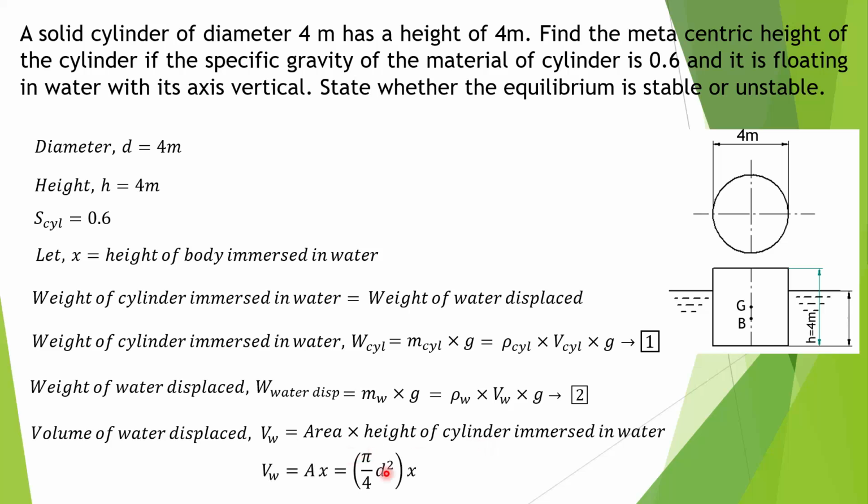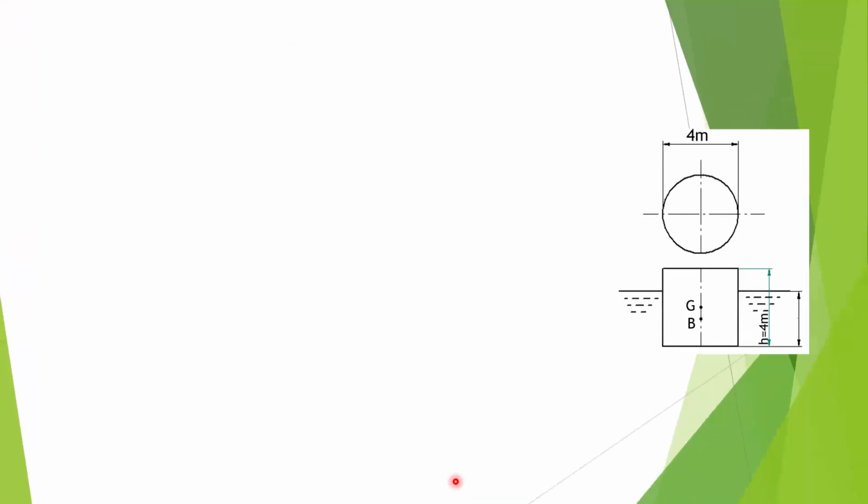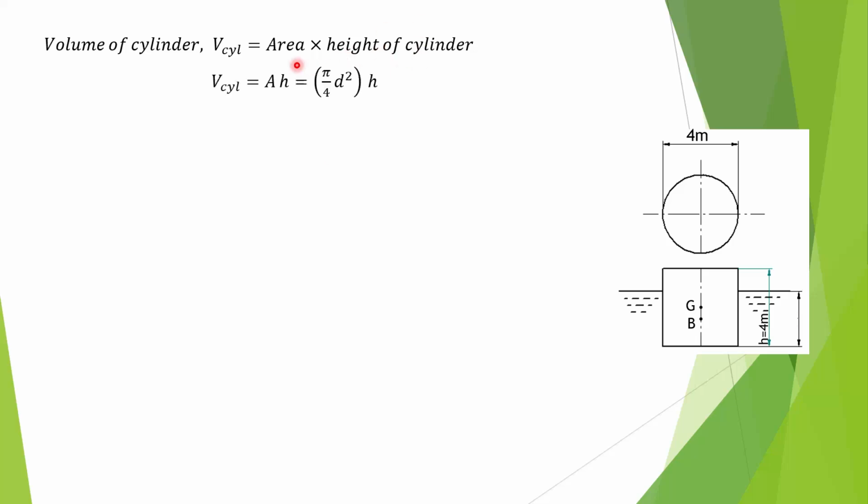Area is pi by 4 into d square into x. Now we'll consider the volume of cylinder, which is equal to area into height of the cylinder, pi by 4 d square into h. Now we'll equate equation 1 and 2.